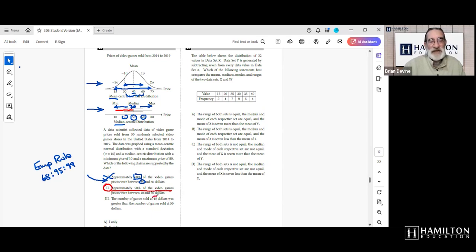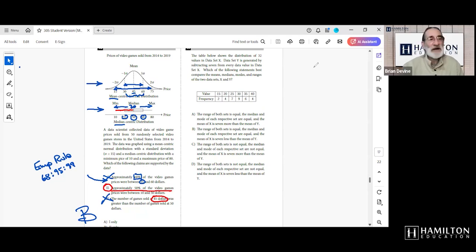We do know that according to the normal distribution, the average price was 50, but the number of games would have been more inferred by the box and whisker plot, which says that the number of games above 50 was equal to the number of games below 50. So we can't say 3 is true. So the only thing we can say is true is 2. And so that would be B as the correct answer.